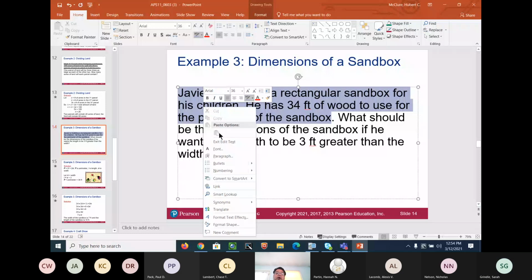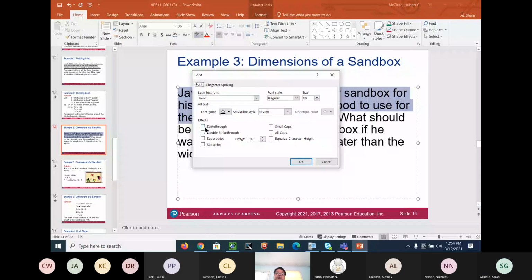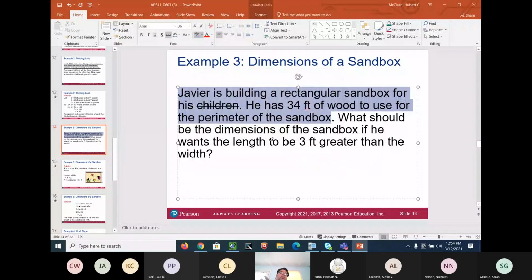You're supposed to hit font and strike through, and it's supposed to do it, but for some reason it's doing it backwards, so you have to go up here and do it. You usually don't have to do that. And now it's not doing it at all. So y'all get the point. I'm just going to highlight it because I'm not going to fiddle with it.